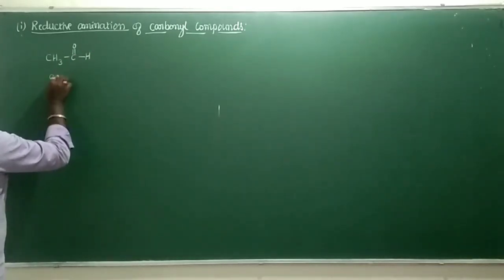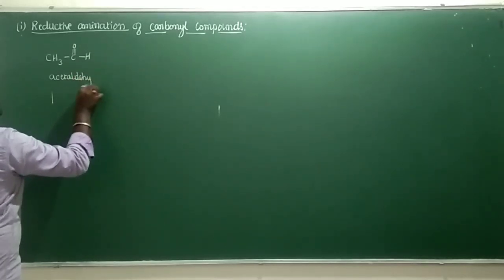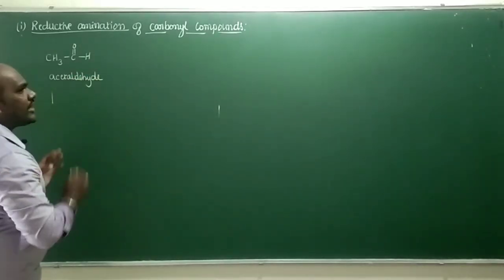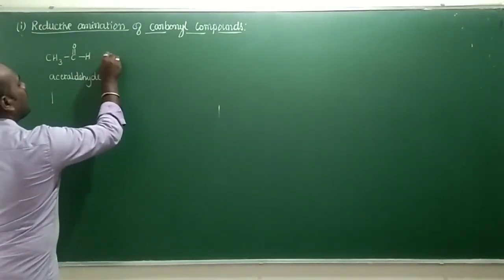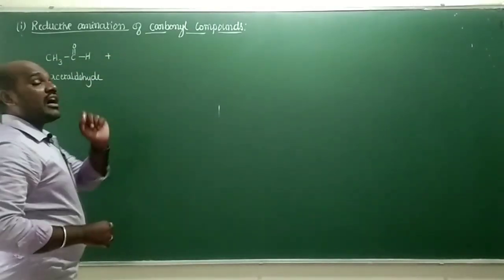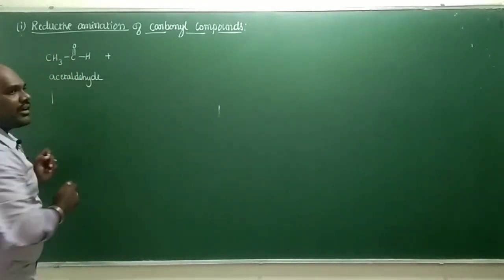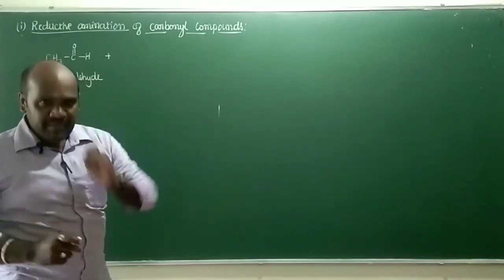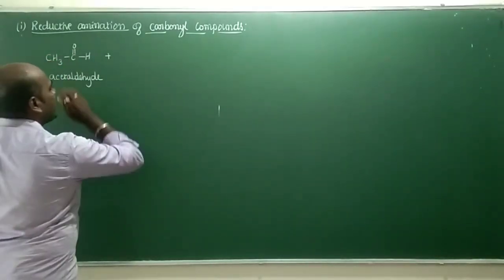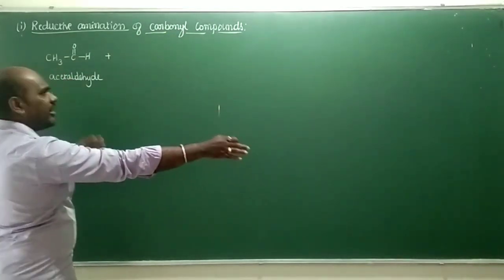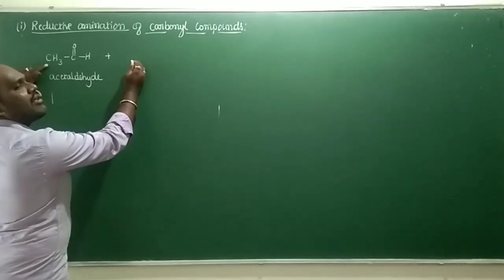When acetaldehyde is the reactant, and if your interest is to get a secondary amine, instead of reacting with ammonia, we need to react this acetaldehyde with a primary amine. So if you react acetaldehyde with a primary amine, we will be getting a secondary amine. It's a short, simple strategy.